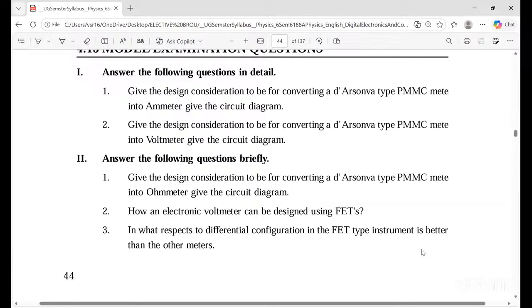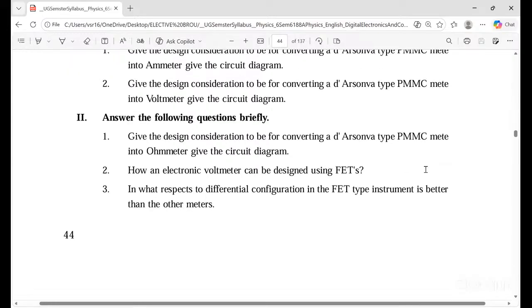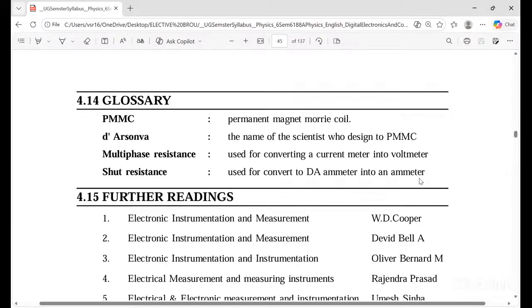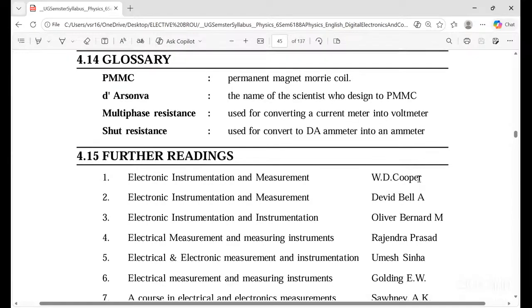In this, we give design considerations for converting a D'Arsonval type PMMC meter into a voltmeter and an ammeter. PMMC is the permanent magnet moving coil.